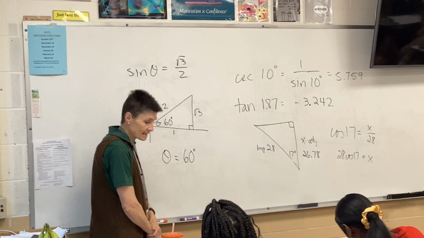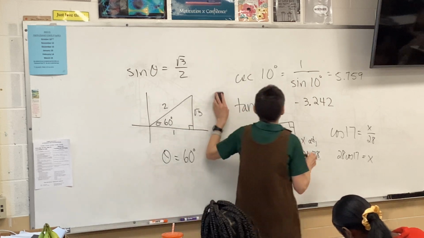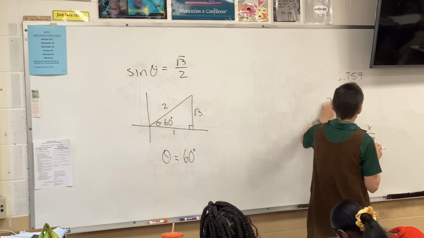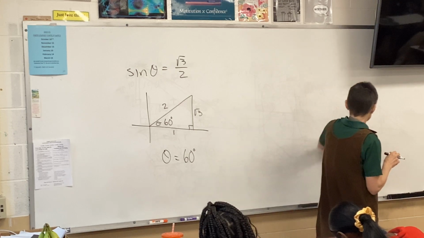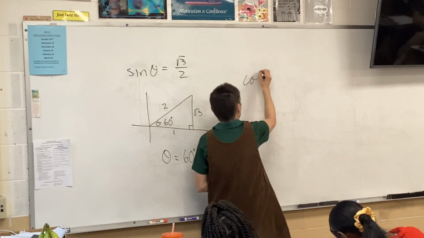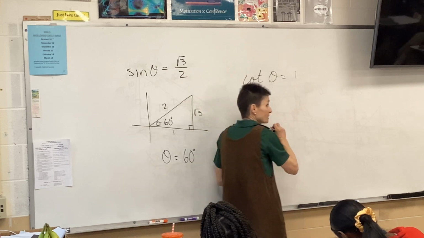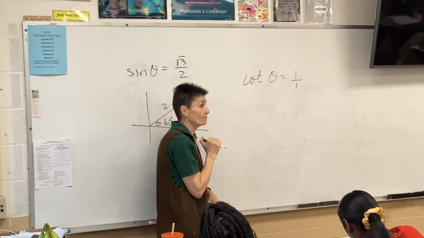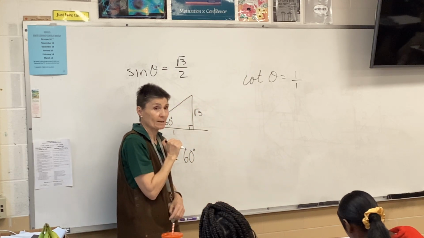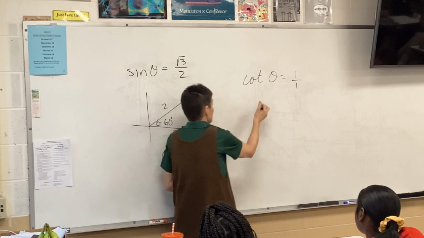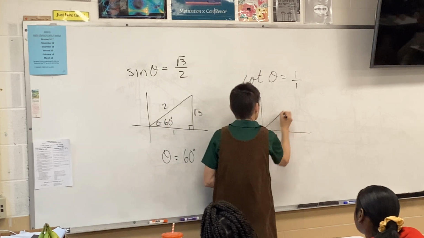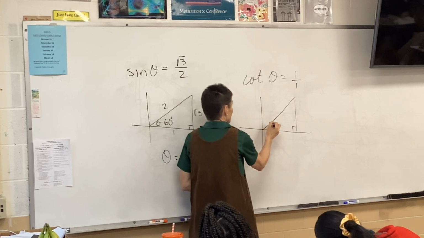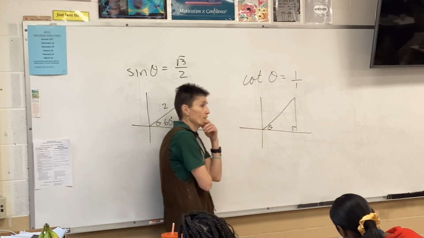Okay? Same thing. Cotangent equals 1. This time I'll answer in radians, but that doesn't change the way I do it. I need to figure out what angle has a cotangent of 1. And remember, you can always turn those into fractions because they're all fractions. So cotangent, what's the 1 and the 1?